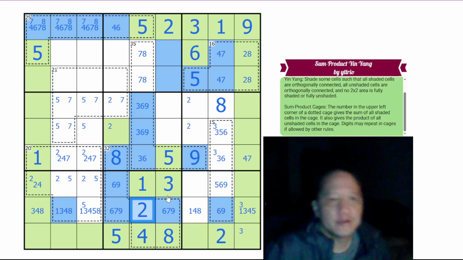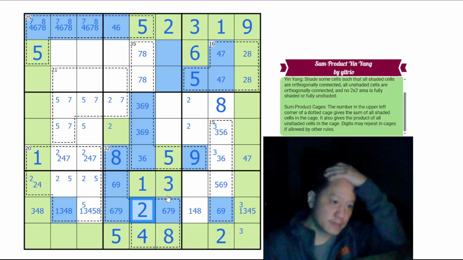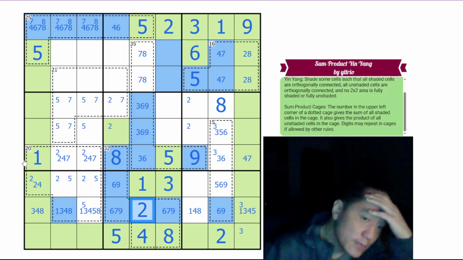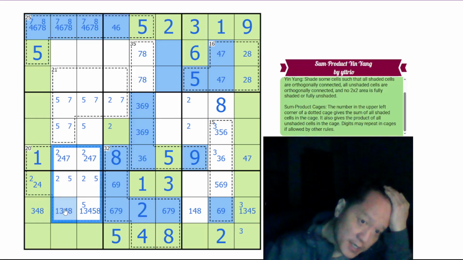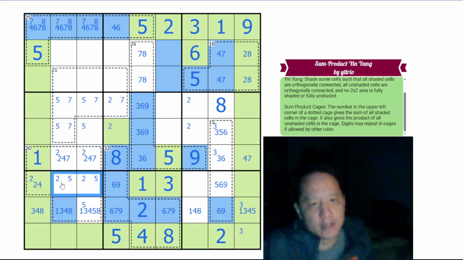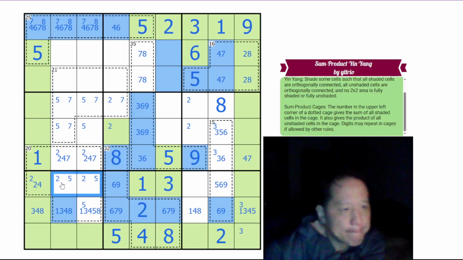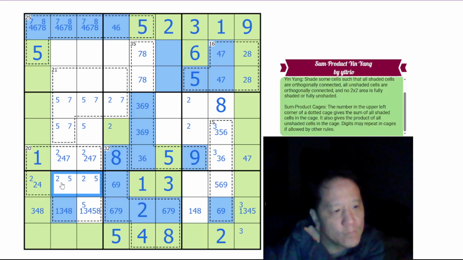21. We need 3 and 7. Okay, what are the sums that add up to 20? We're guaranteed a 2 here and a 2 here. But you can multiply 2 and 2 to give you 20.